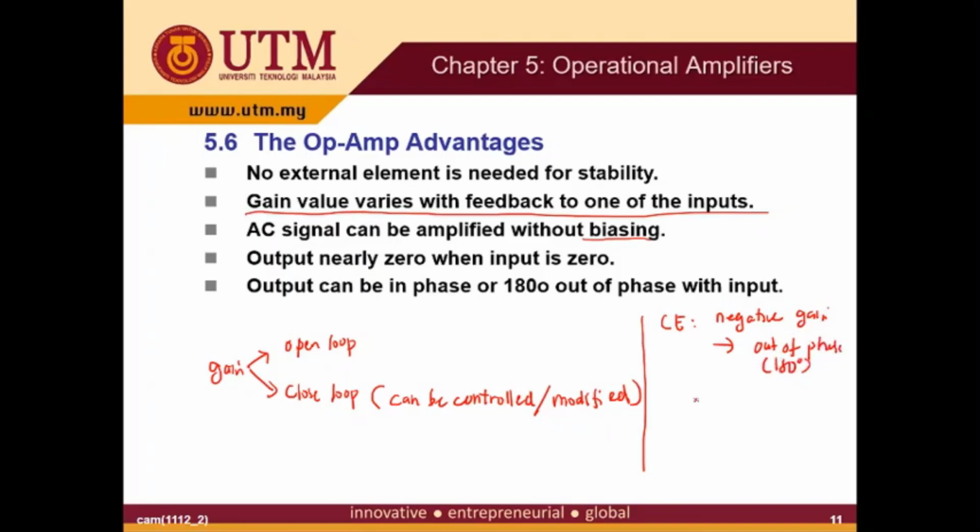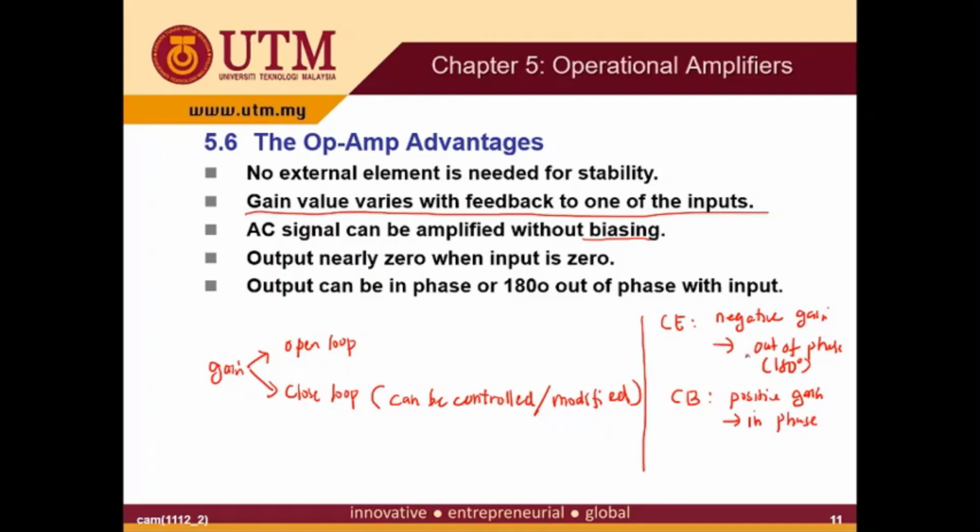For another configuration, the common base, we have a positive gain, which means the output is in phase with the input.